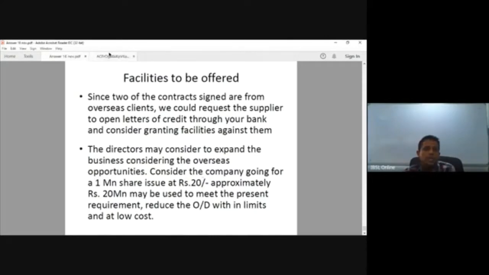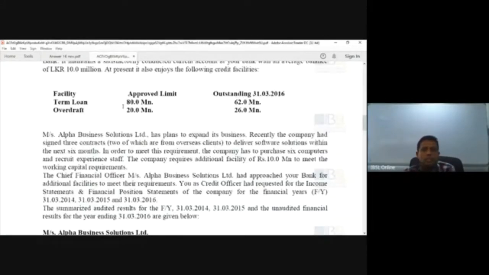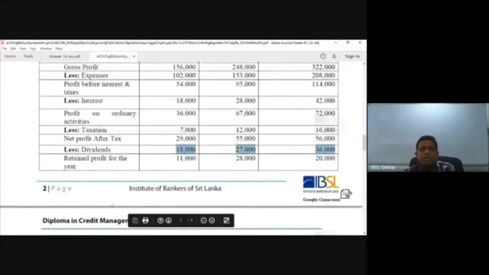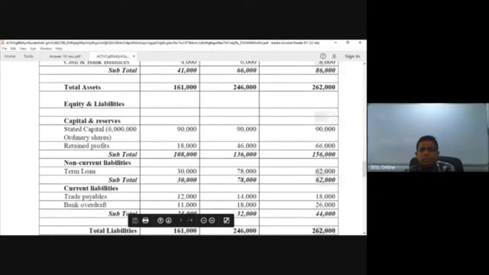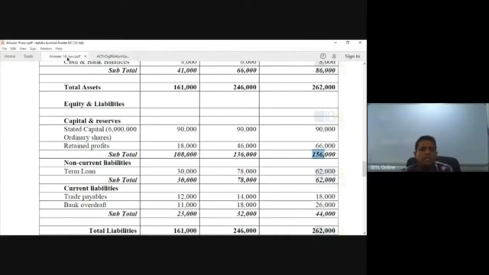Now, if you go to the balance sheet, the current book value of a share: our equity capital is, how much is our equity capital? 156 million. And you have 6 million shares there, right? 156 divided by 6 million means 26. 26 is the book value of a share, right?